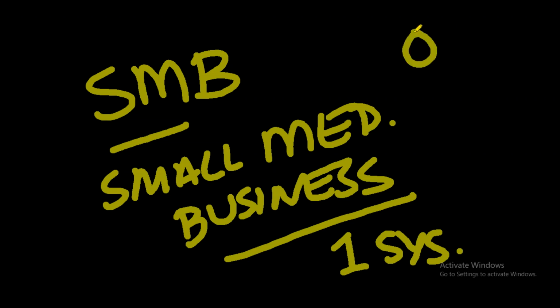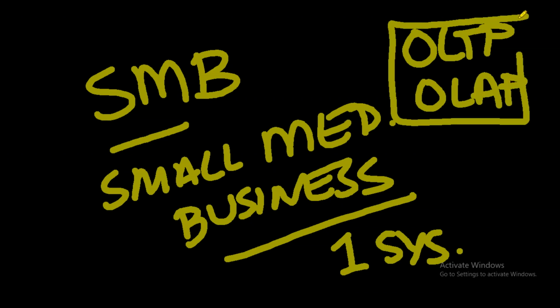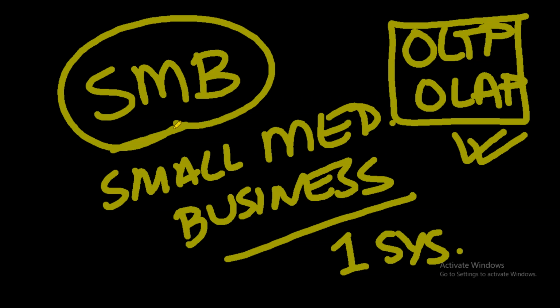So OLTP for transactions and online analytical processing in one system, sufficient by one HANA system. This is for small, medium customers, small, medium business, or small, medium enterprises. So one HANA system is sufficient.